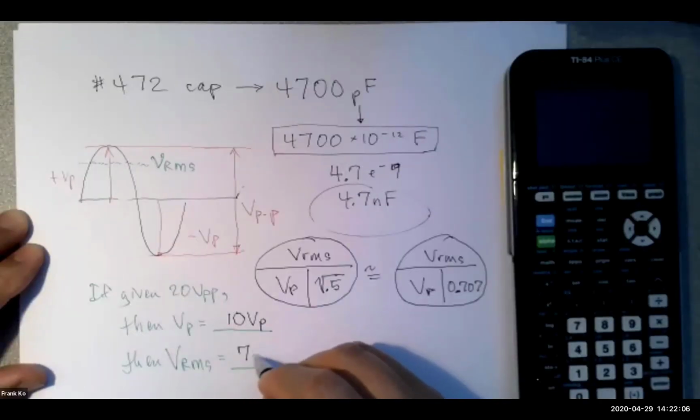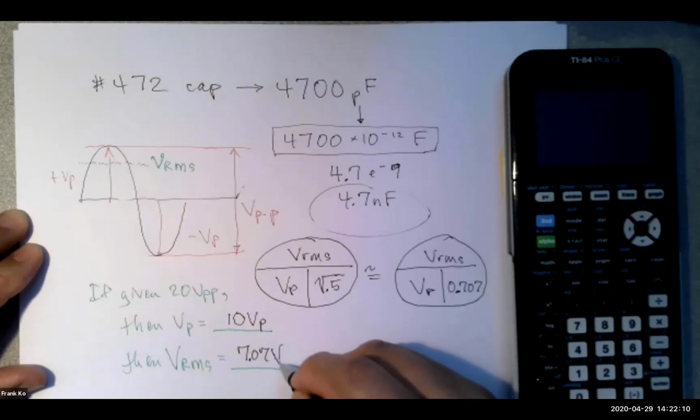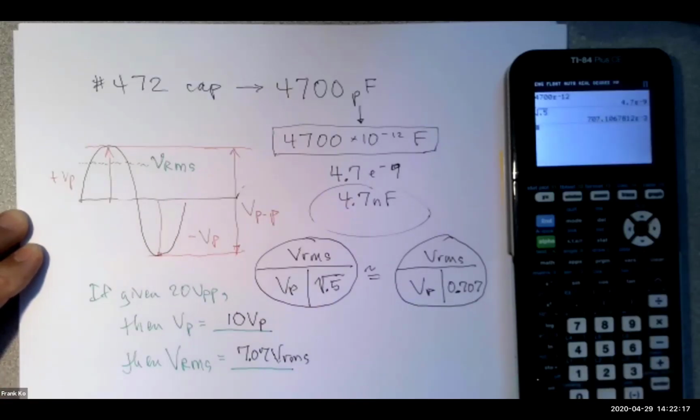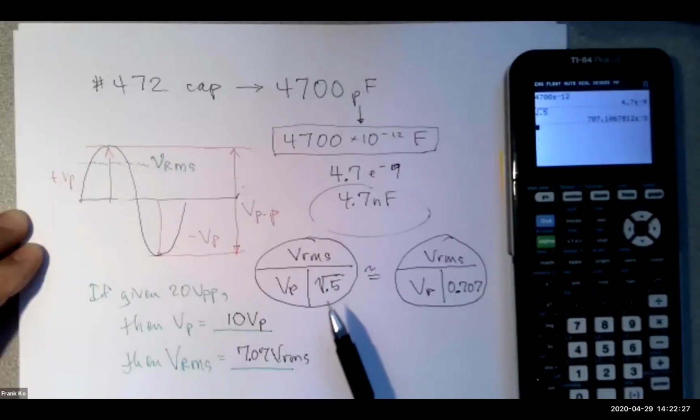Okay, so you end up with 7.07 volts RMS. I know it's been over a month since we looked at this stuff, but how did we get 7.07? By using this formula here.